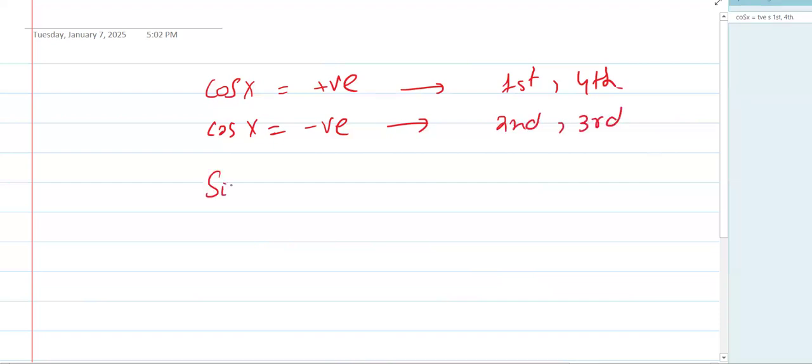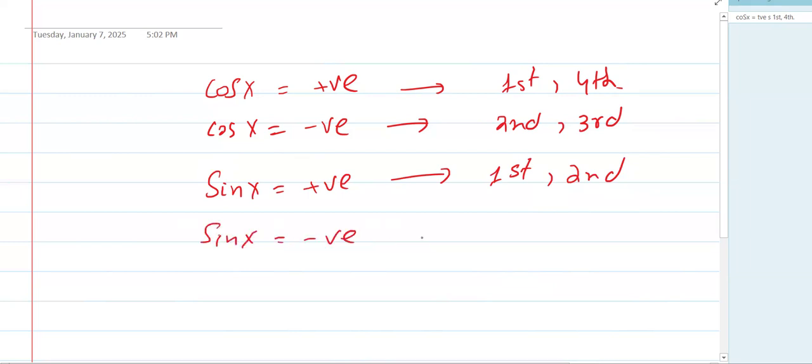In the same way, if sine is positive, it means it is in the first or in the second. And if the sine is negative, it means it is in third or fourth.